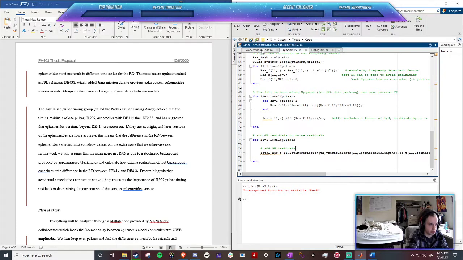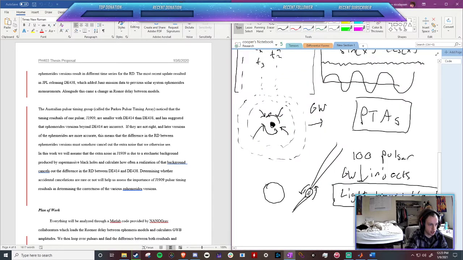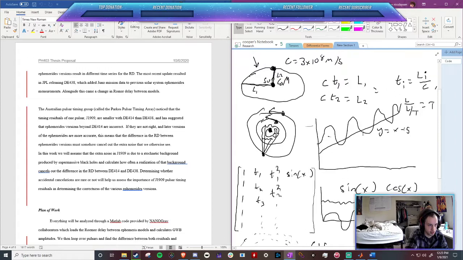So yeah, if I was cool enough, I could spit out two plots that would look something like this, but a lot more dense and gross looking. And if I plotted one pulsar, it might line up with how the Romer delay looks, and then the second pulsar might not. So basically the Romer delay of our solar system looks like this, right?